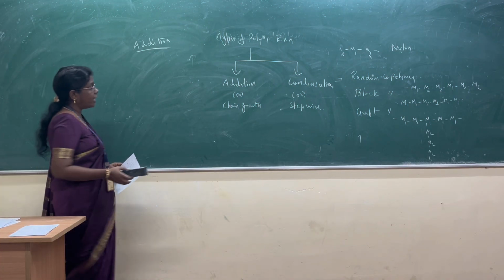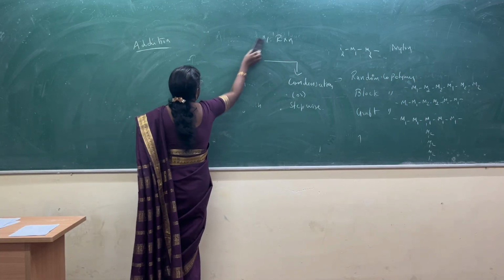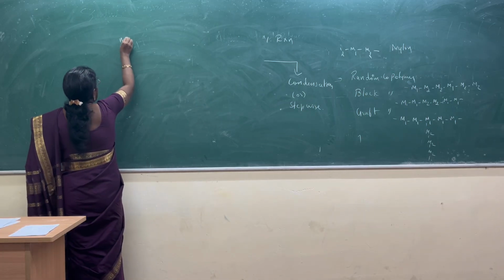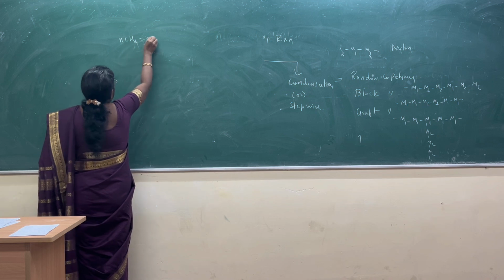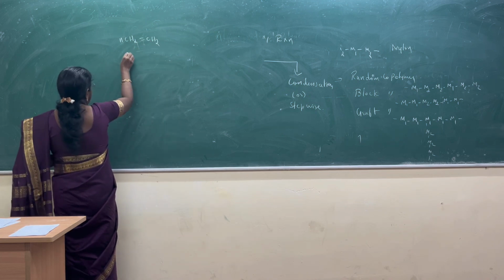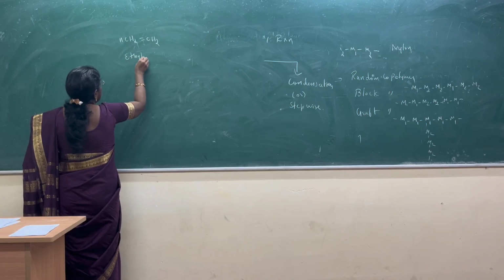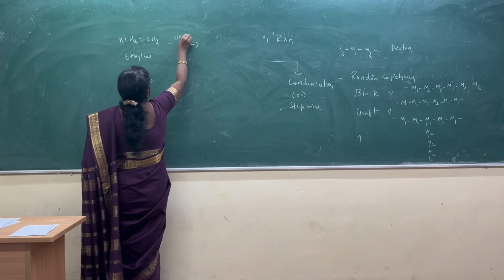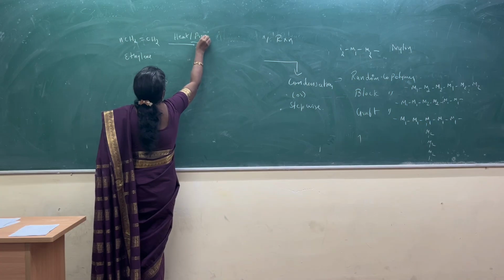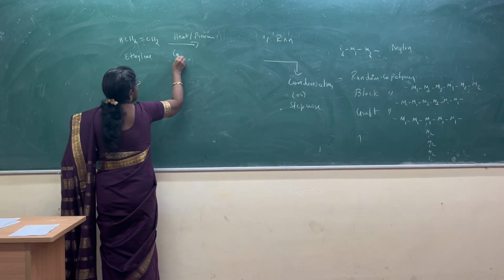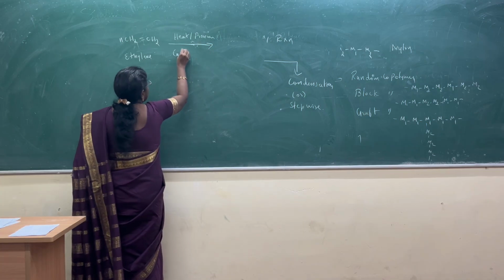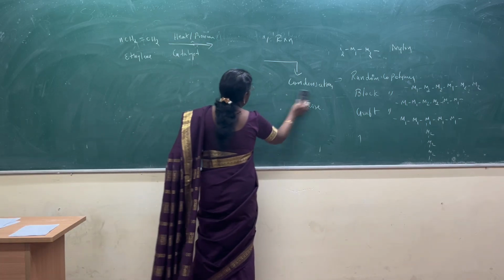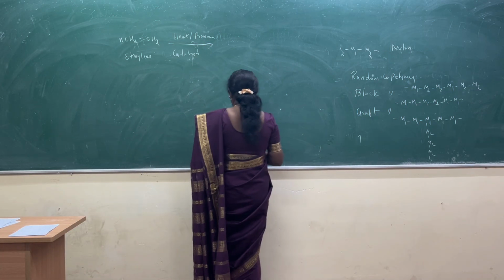An example for addition polymerization: ethylene, in the presence of heat, pressure and catalyst, is a bifunctional monomer.